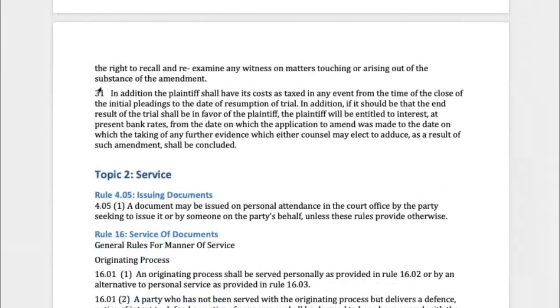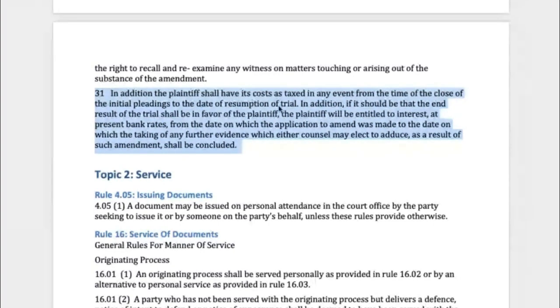Then it gets to costs, right? So costs, when you see a reference to costs in civil litigation, at least in Ontario, we're talking about the extra sums that a court will order, not with regard to the wrong that's being litigated, but rather with regard to something that happened in the litigation, or to the mere fact that the wronged party had to pay for the litigation in the first place.